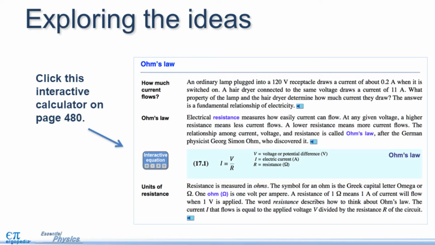On page 480 of your online textbook, there's going to be an icon which you can click. It's an interactive calculator. In your textbook, if you go to this page, there'll actually be the questions that you can practice with. If you want to get a feel for how changing the resistance or changing the voltage will change the current, you might want to go ahead and do that, because a lot of times you may find that that's what they do on these AP exams.